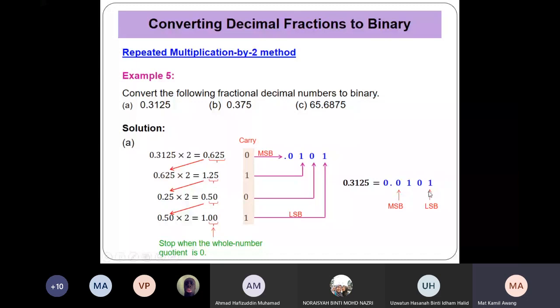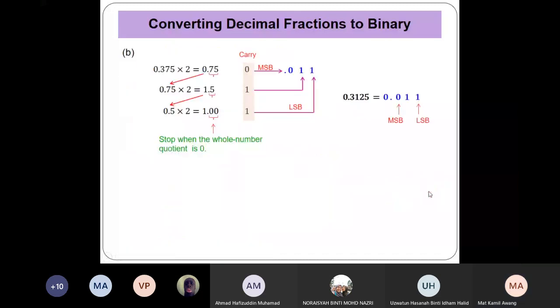And another example, 0.375. And you want to convert into binary. So 0.375 multiplied by 2 is equal to 0.75. So 0 is the carry, and 0.75 you multiply again. So 0.75 multiplied by 2 is equal to 1.5. So 1 is the carry, and 0.5 you multiply again because it's not 0.